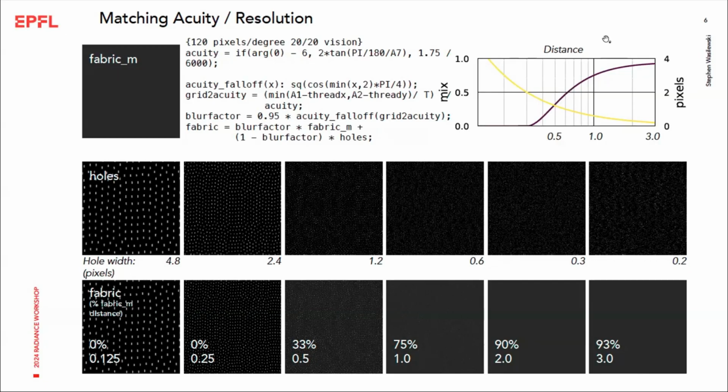And then if we center a mixing S-shaped curve around that acuity limit as the 50-50 point, then we can blend between looking at holes when we're really close to looking at something that's more continuous from far away, and that matches our impression, right?